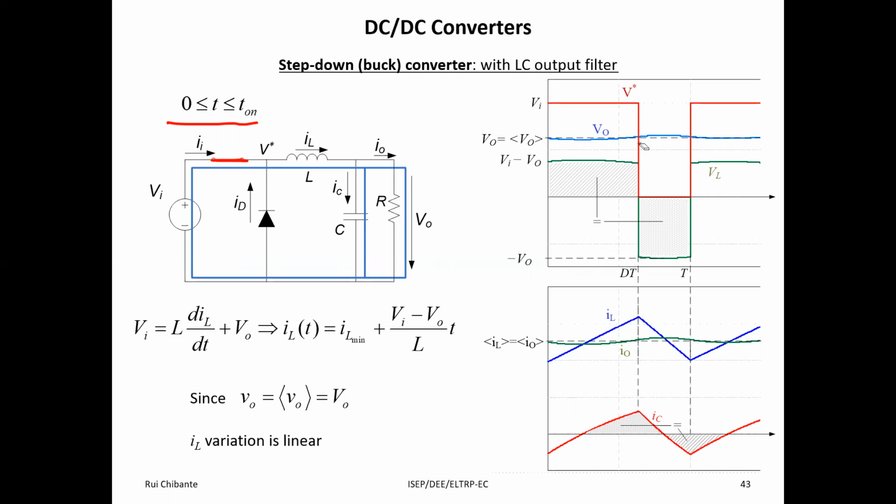So we are assuming that we are able to do that. Of course there is always some ripple, some variation, but if the capacitor is correctly chosen, then this variation is so small that we can neglect it.